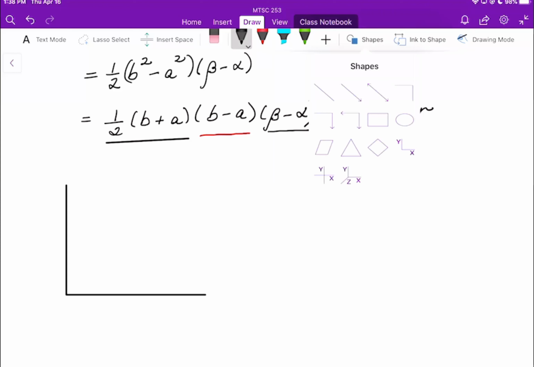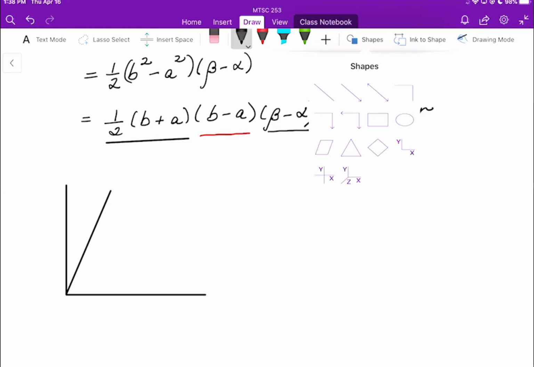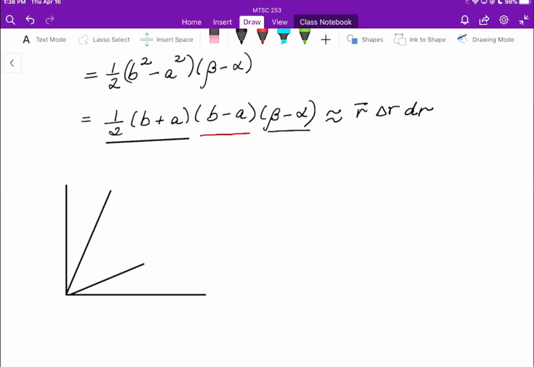So now I'm going to take another polar area, and this time I'm going to divide it up into a number of cells. So we're going to make a partition of this.